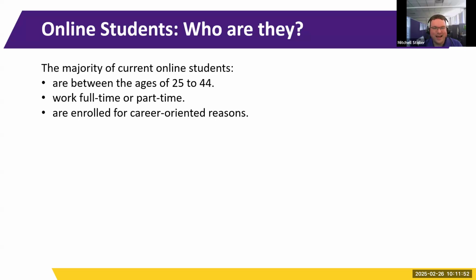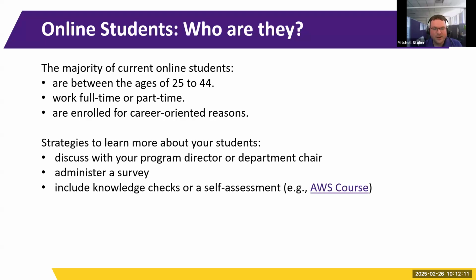You'll see on the screen that the majority of current online students are between the ages of 25 to 44. The majority of these students work full-time or part-time, and the majority are enrolled for career-related reasons. So we can predict that the majority of online students might be what's called non-traditional learners.